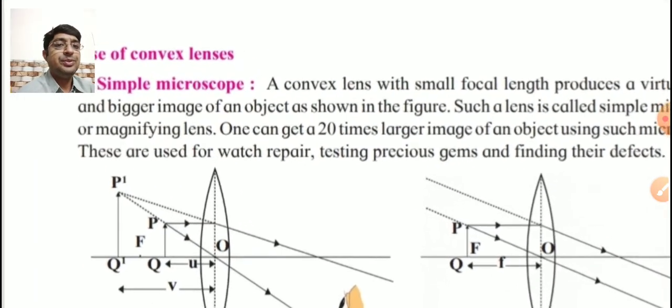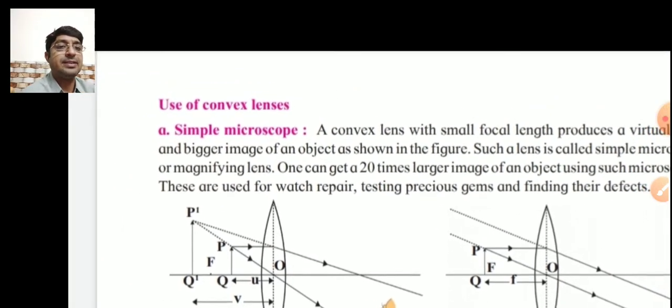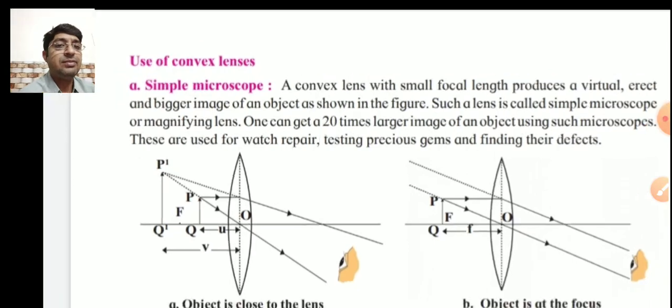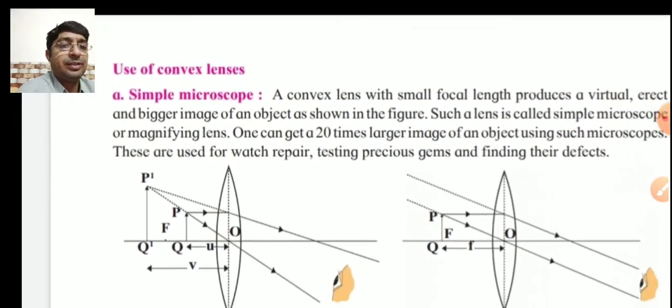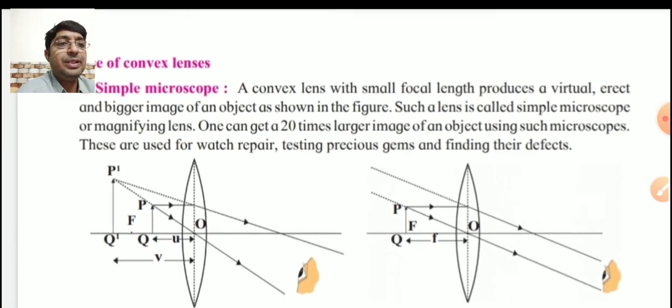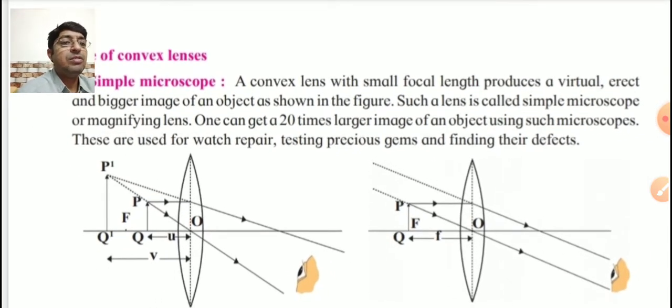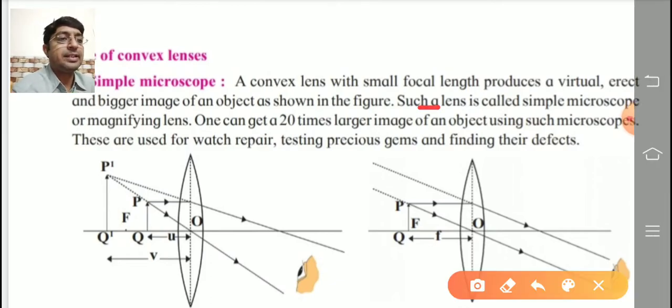Next, uses of convex lenses. Now first one, simple microscope. What do you mean by simple microscope? A convex lens with a small focal length produces a virtual, erect and bigger image of an object. Such a lens is called a simple microscope, also called a magnifying lens.